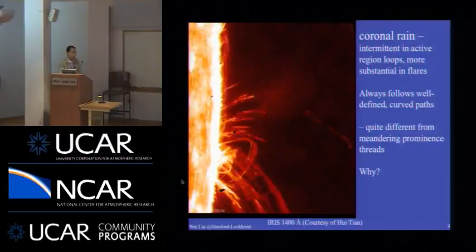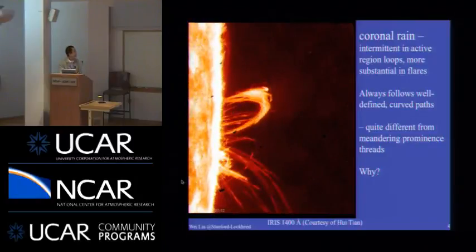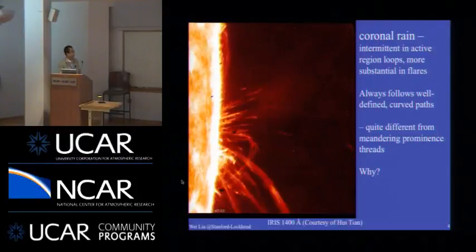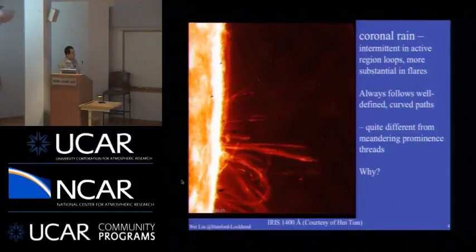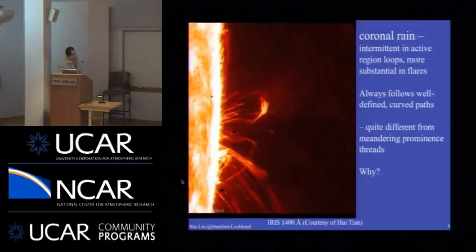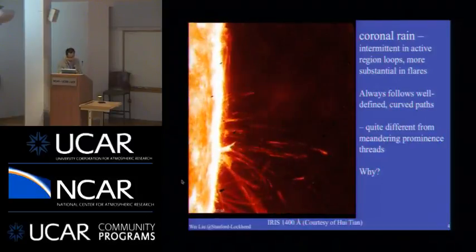The contrast between these two phenomena is that the path for coronal rain is a well-defined, curved path, but for prominences these meandering threads have very irregular shapes.